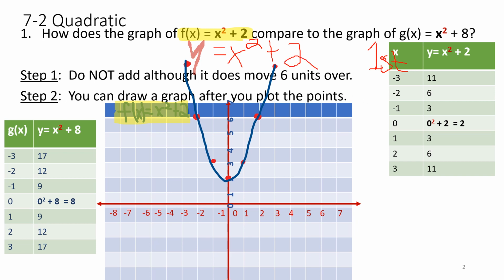Now we just went ahead and plotted points here. Why? Because when you figure this out, when you plug 0 into the equation of x and then you get plus 2, you get y equals 2. So you go 0, 2, that's your first point. Then when x is 1, y is going to equal 1 squared plus 2, which is 1 plus 2 equals 3.